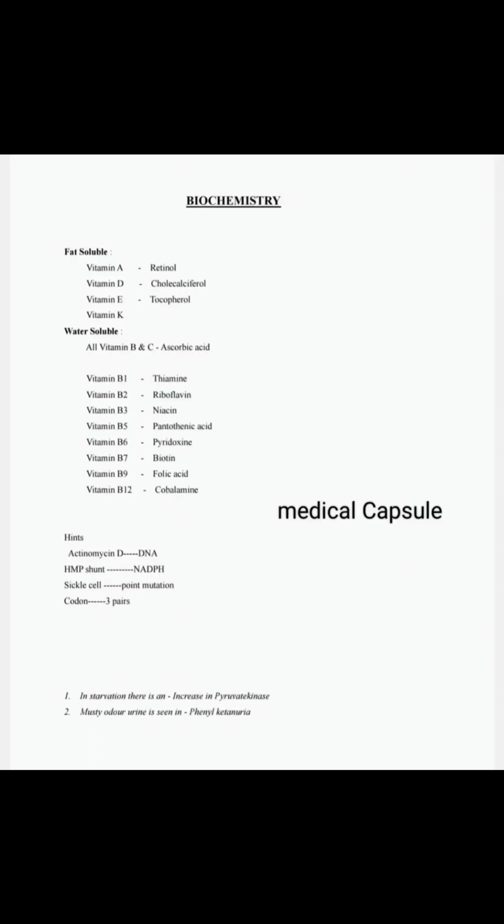Whenever sickle cell disease is present, your answer will be point mutation. And if codons are mentioned, your answer would be 3 pairs. These are just hints. We will use these hints in our video tutorial. Just remember: actinomycin D, DNA; HMP shunt, NADPH; sickle cell, point mutation; and codon, 3 pairs, meaning codons are made up of 3 pairs.